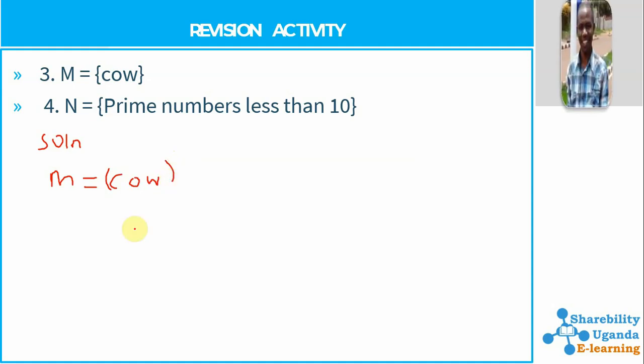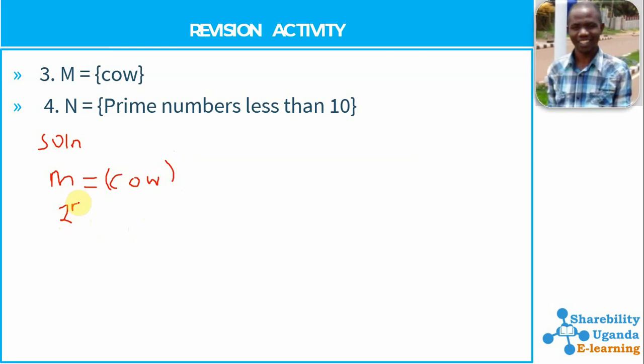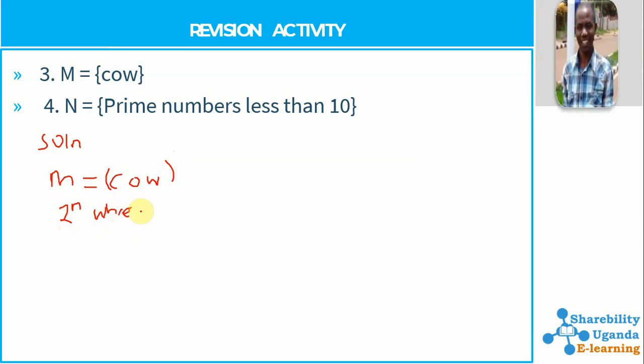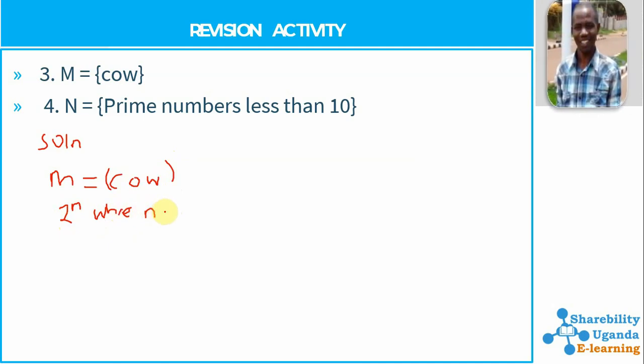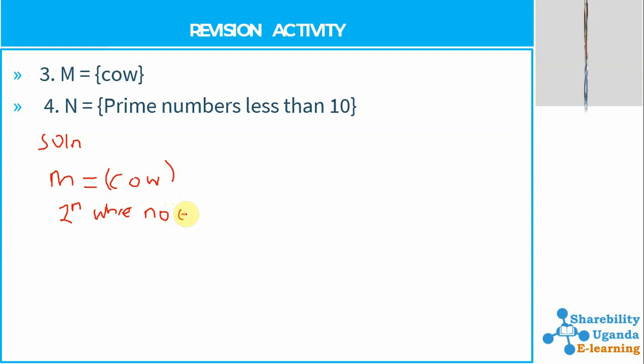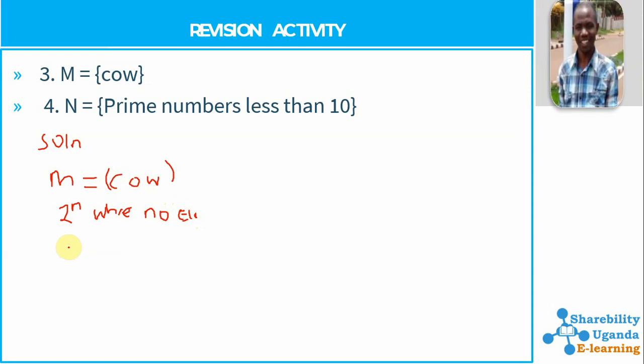For us to find the number of subsets of a given set, we use the formula 2 to the power n, where n is the number of elements in that set.